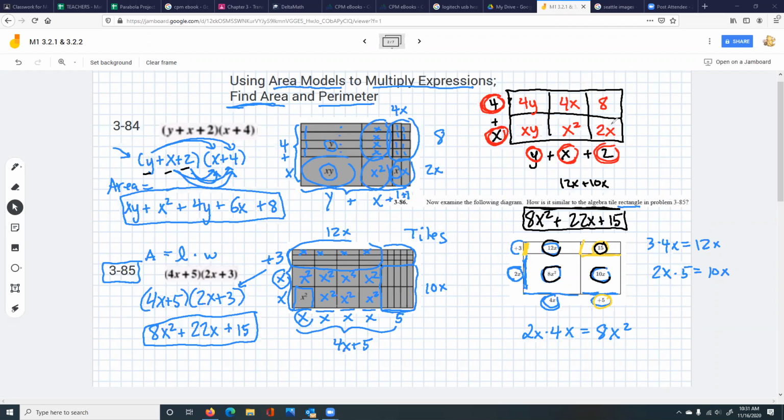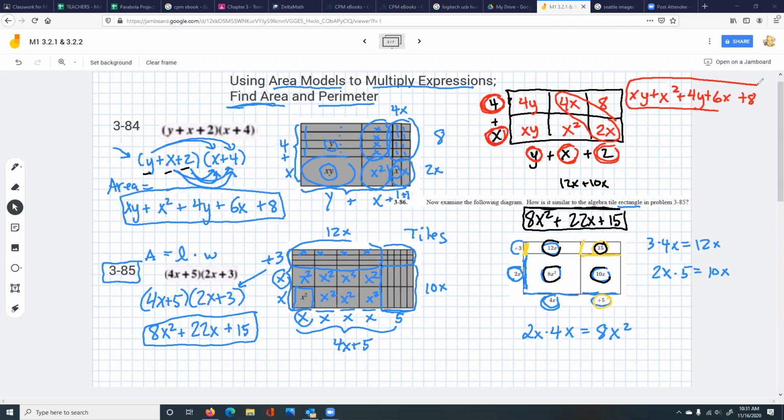Some of these are going to be like terms that you're going to be able to combine. These are like terms, right? So I'm going to add those together. These are not like terms. This is not a like term. They have different letters. So my answer is going to be, I'll start with this one, xy plus x squared plus 4y plus, I'm going to add these two, 6x plus 8, right?